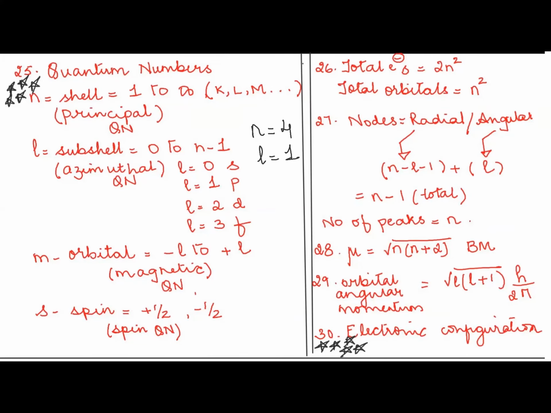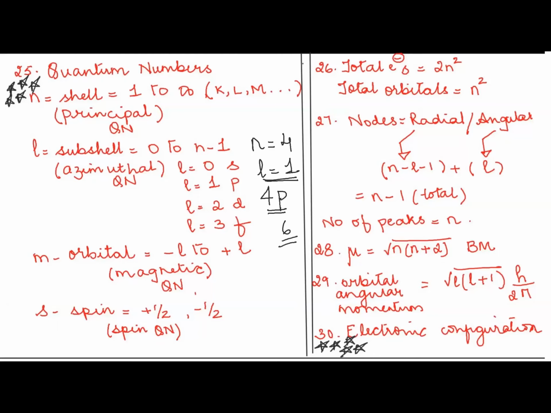So going wrong here, few of you. What you have to do is, first of all, figure out which is the subshell. We can write 4 here. And L equal to 1 means P, right? So that means it's 4P. Which is the subshell here? 4P. And in 4P, how many electrons can you put? You can put only 6 electrons.